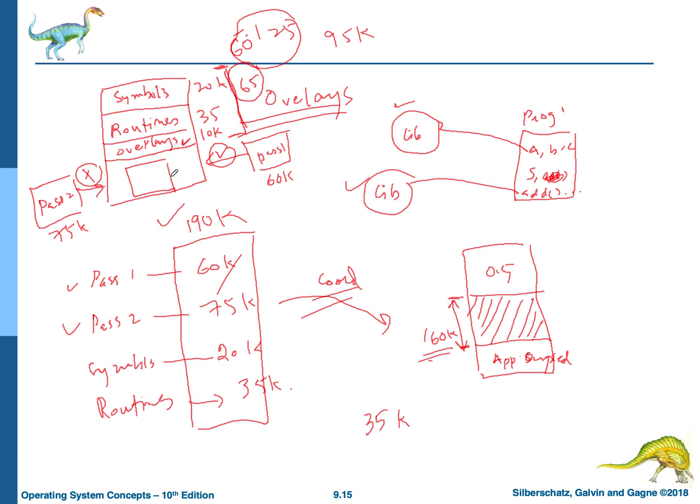When this completes, then pass 2 will be allowed. Now 65 plus 75 becomes 140. 140 out of 160 means we are still saving 20k from the space of main memory.